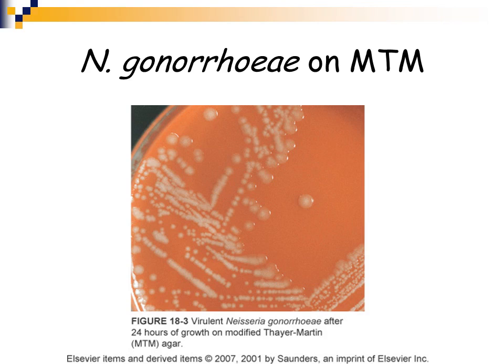Now the thing about modified Thayer-Martin is it looks exactly like chocolate agar. So when you're working in the laboratory, all of these media are commercially purchased, and usually they have a little stamp on the bottom of them of an expiration date, a lot number, and what the media is. So you always want to be really careful, especially with a genital specimen.